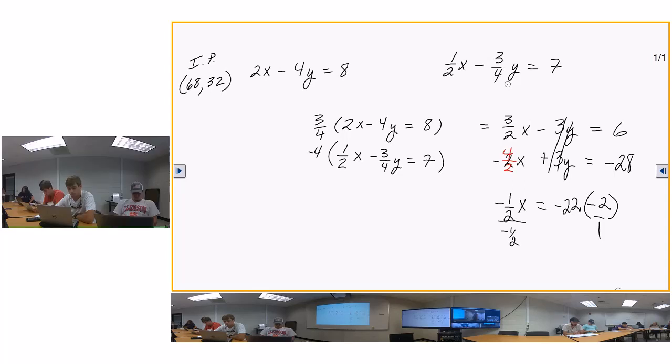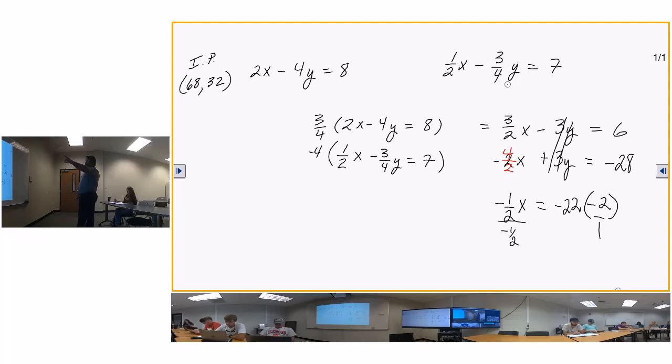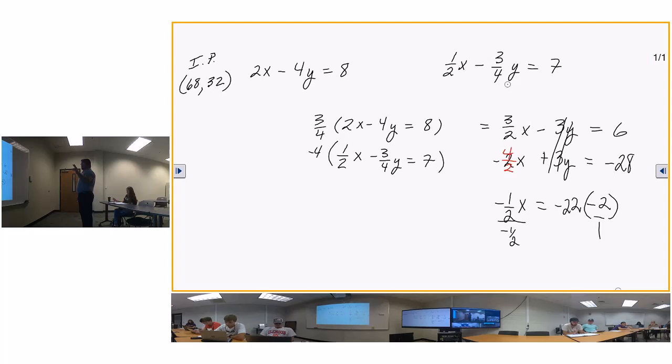Something's wrong. We're supposed to get the same thing over there. We got something wrong. Somebody help me out. 3/4 times that is 6/4, and 6/4 is 3/2, minus 3y is equal to 24 over 4, that's 6. And then 4 times 1/2 is 4/2 plus 3y, because that's negative times negative, and minus 28.